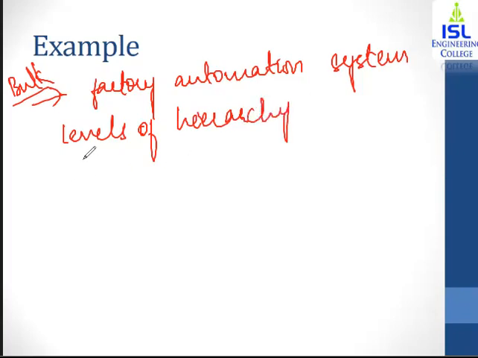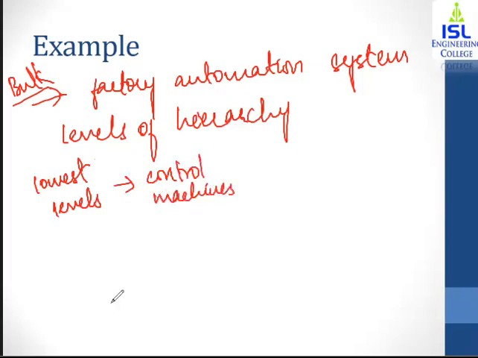Within this, you're going to have different levels of control. At the lowest level of hierarchy, the different things that you're going to have are control machines, robots, or data entry devices.